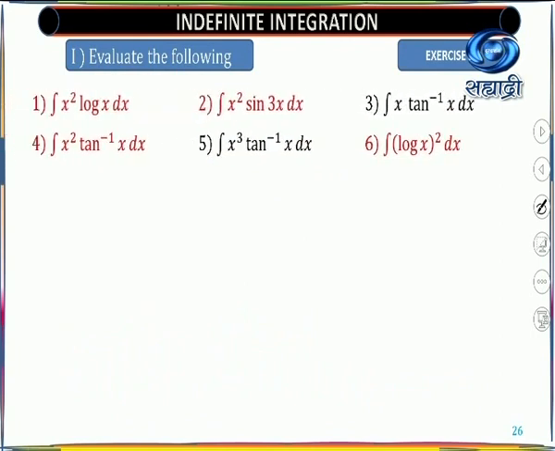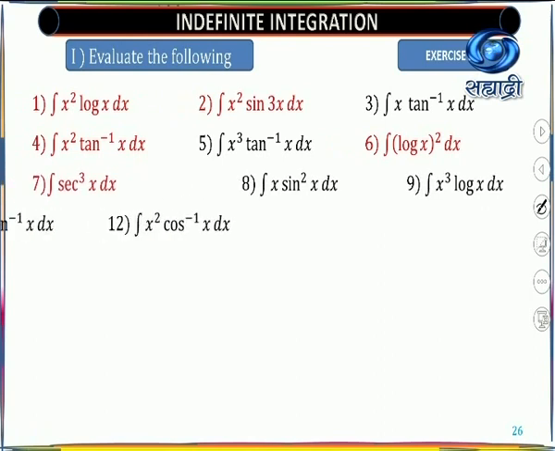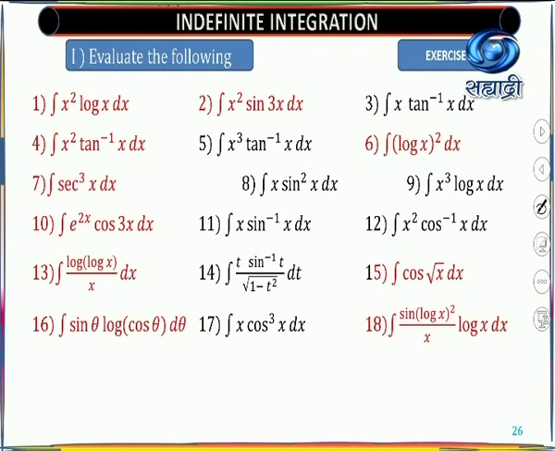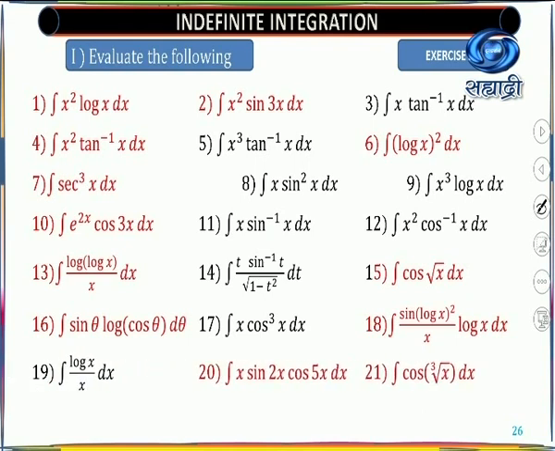What are the examples in exercise 3.3? You are having so many examples where you are having trigonometric function, logarithmic function, algebraic function and exponential function also, so that you are able to select properly.